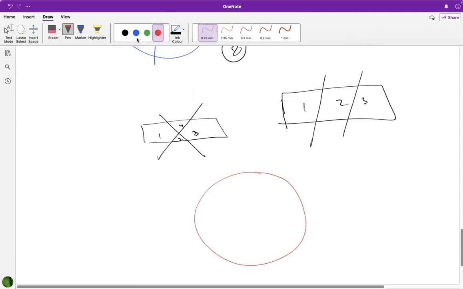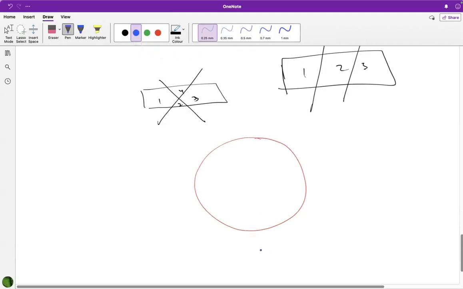So if we have this circle, now I'm drawing my first line. Now the second line I would draw will cut the previous line. Third line should cut both of these. Fourth line should cut all three of these.